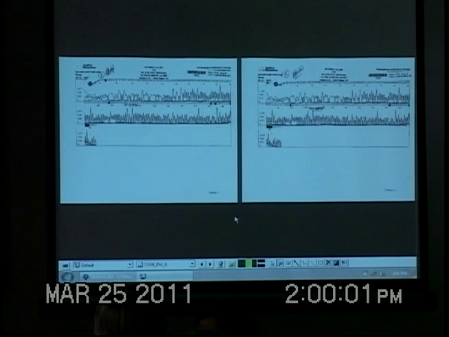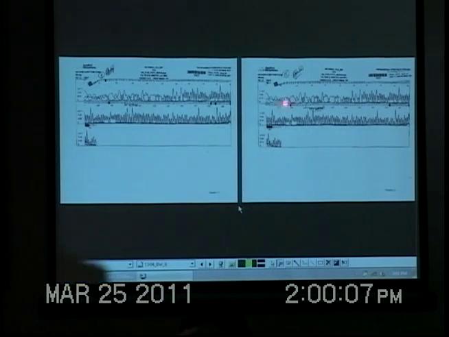Can I direct your attention? Are you looking at them? Yeah, I was looking. Same ones there? Yeah. Can you tell from looking at what you had in front of you or from looking at these if these are actually the same, 4 and 5? They're the same.